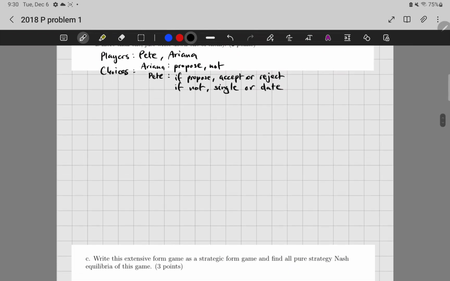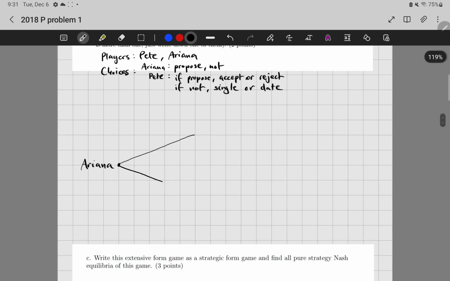Now, let's start off with Ariana, as she has the first move. Ariana. And let's make the lines. Now Ariana's choice is to propose or not propose. And let's make a new color.